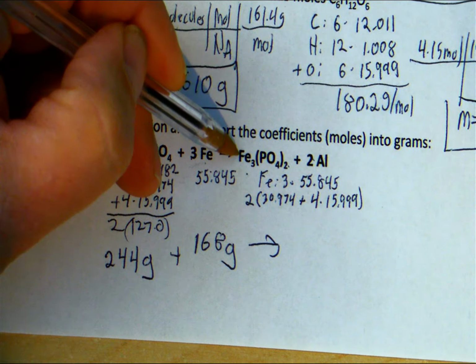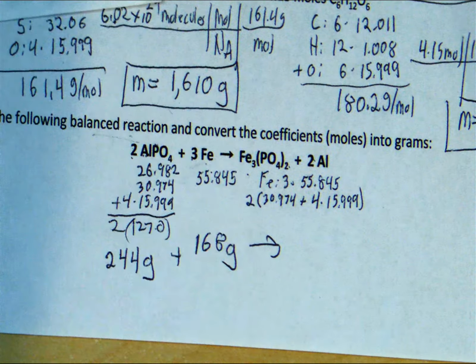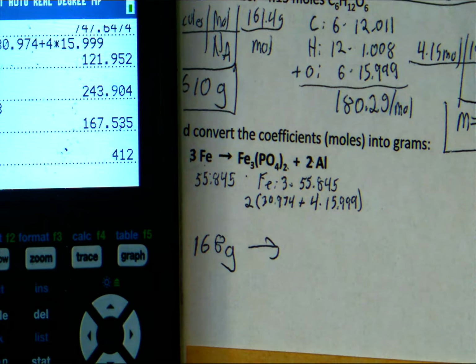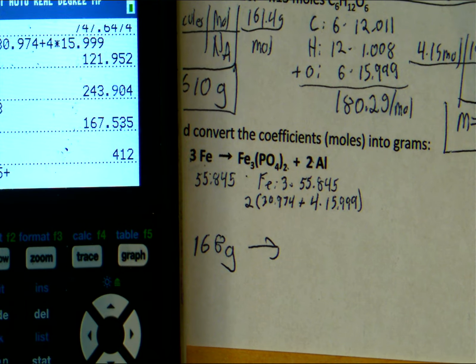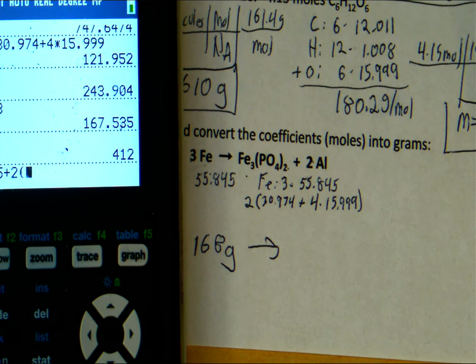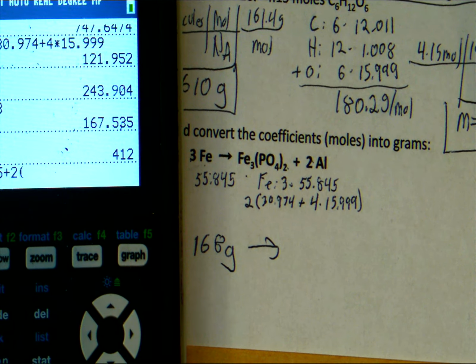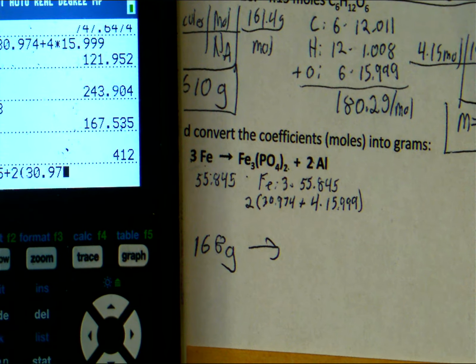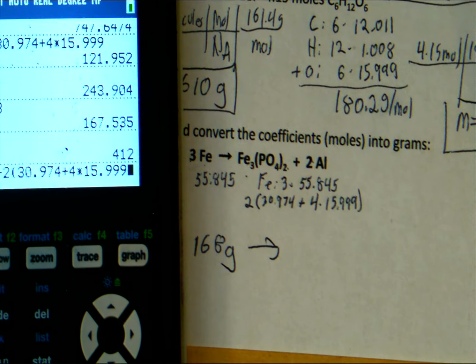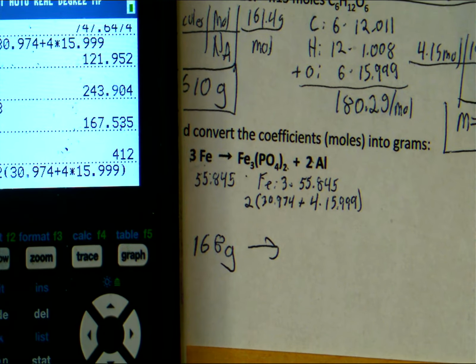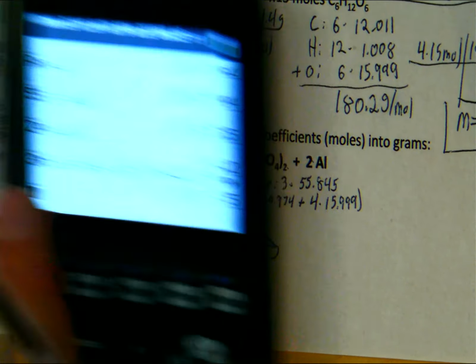And I'm only going to have 1 mole of this. So this will work out 3 times 55.845 plus 2, open parentheses, 30.974 plus 4 times 15.999, close parentheses, and that should work adequately.